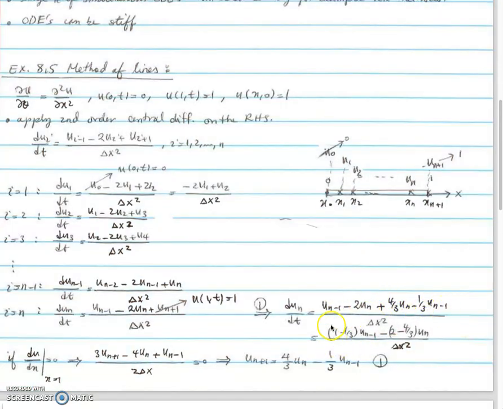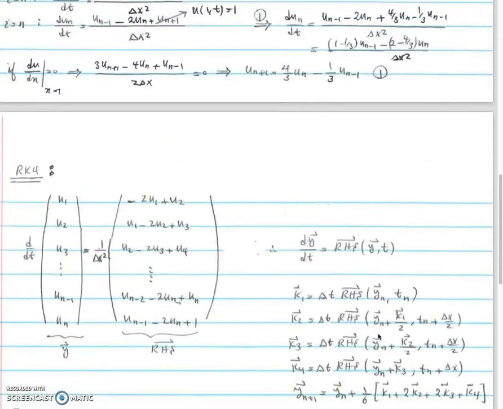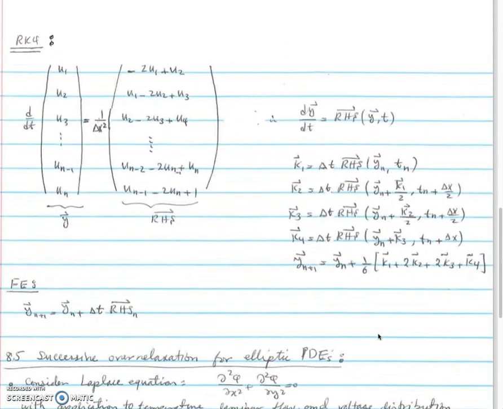That is to say, 1 minus 1/3 times u(n-1), which is 2/3 times u(n-1), and minus 2 from this term, plus 4/3 from that term, so together it becomes minus 2/3 times u(n). I haven't simplified that, but you can do that. So this is your last equation. All you need to do is change the last equation to this one, and then you can go ahead and use the same techniques, either Runge-Kutta 4 or forward Euler, to solve the problem.